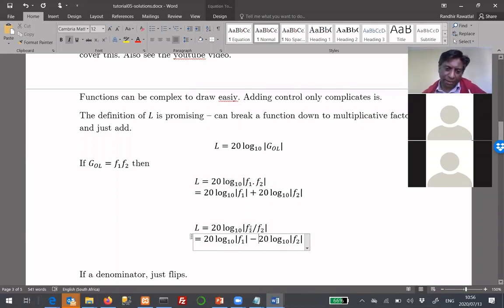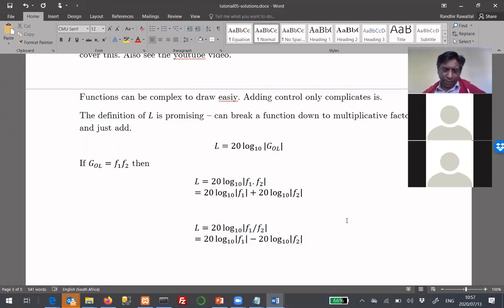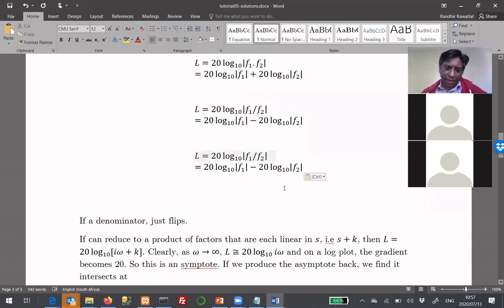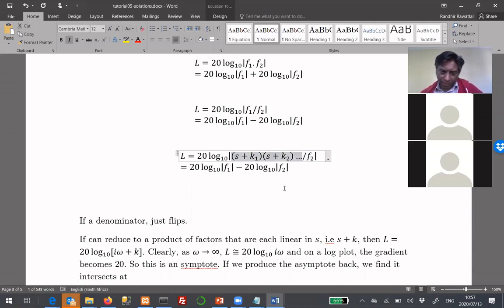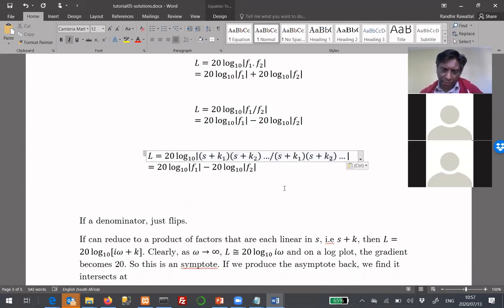So let's say F1 had multiple factors. Let's say F1 could be rewritten as S plus K1, S plus K2 and so on. And similarly for F2, let's say that could be written as a polynomial in that way as well.